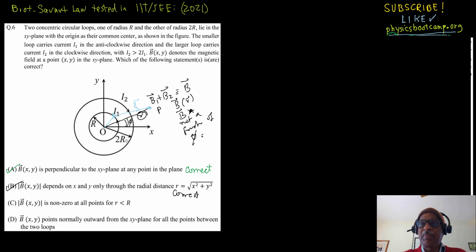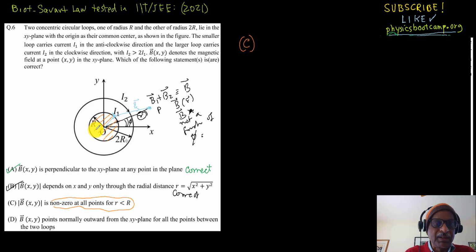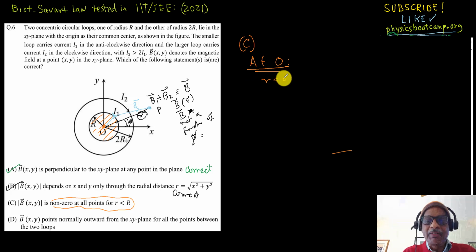All right. Okay, so how do we do C? Check if C is correct or not. For C, it says it is non-zero at all points for r less than R. So we're looking at this point. It says it's non-zero at all points. How about that one point? So at O, what do we expect? Well, at O, r is 0.